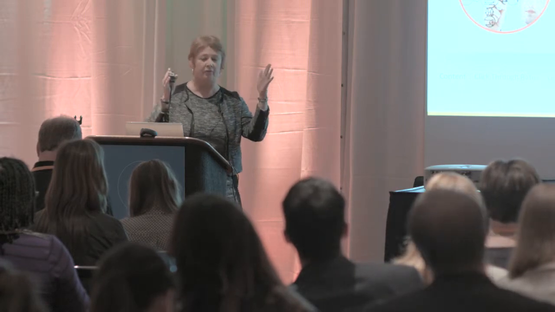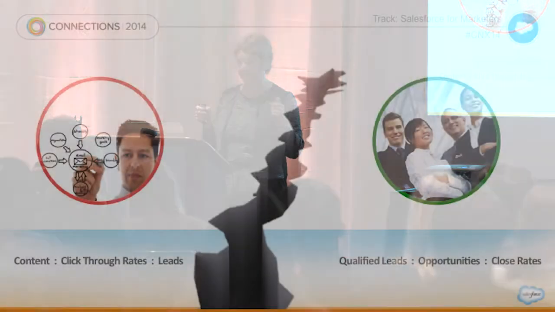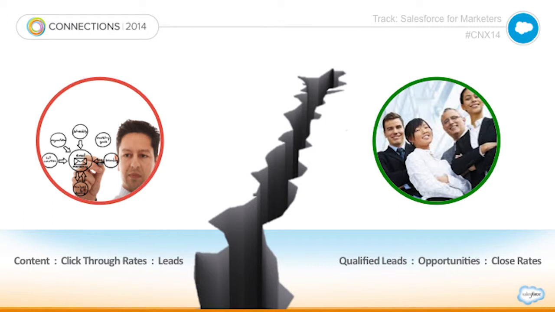When we think about the funnel as far as marketing is concerned, we think about creating great content. We think about creating content in such a way that people click through to the content that we want them to be looking at. And of course, that then being transferred into leads.